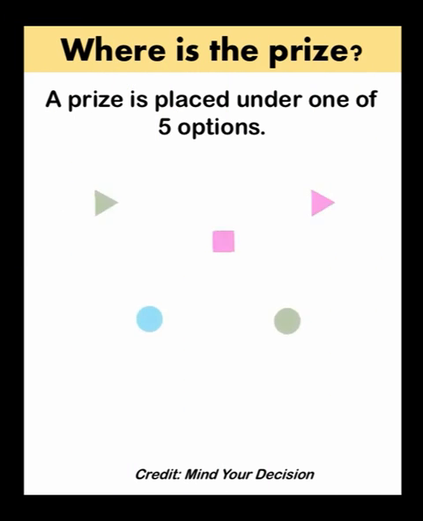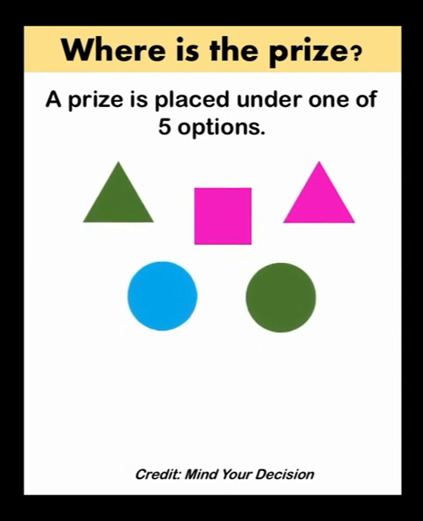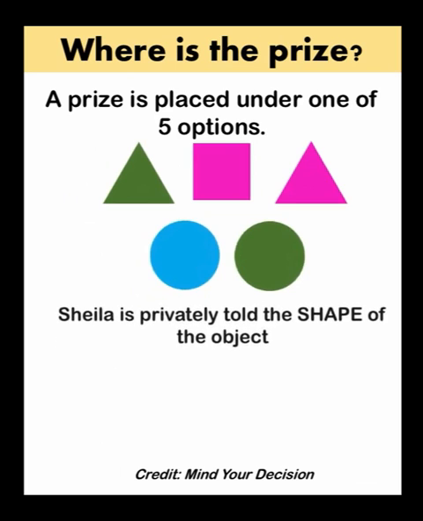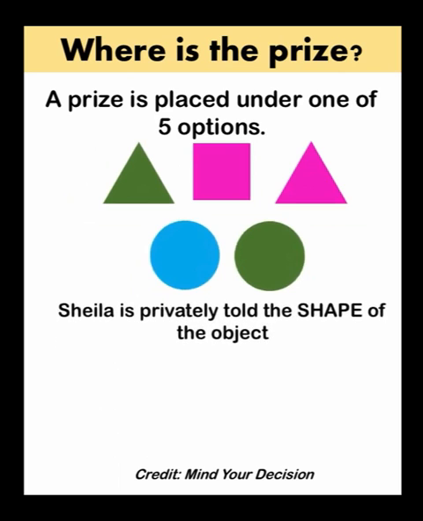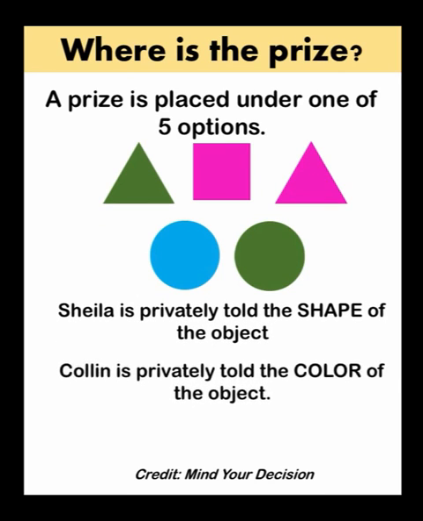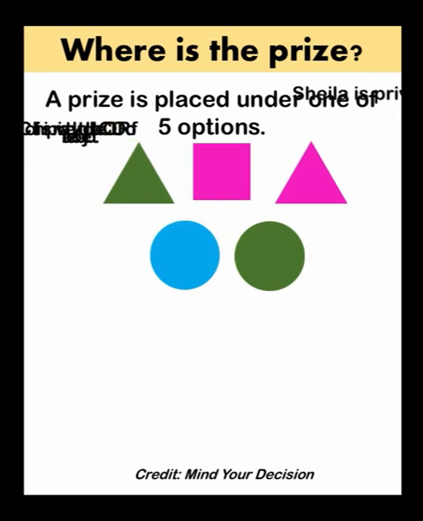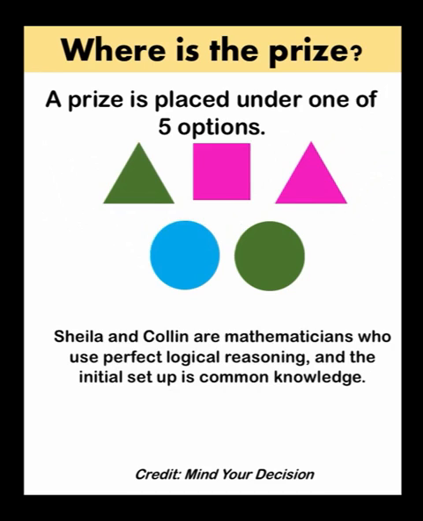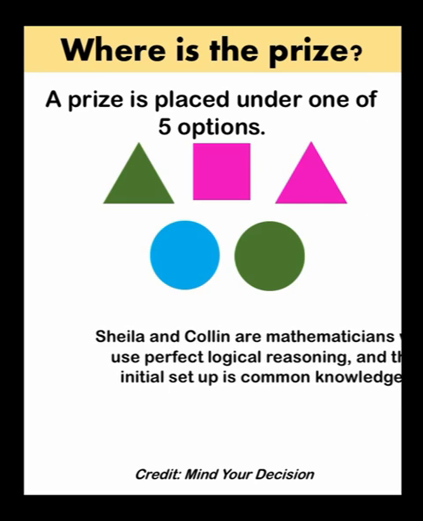A prize is placed under one of the 5 options. Sheila is privately told the shape of the object, and Colin is privately told the color of the object. Both Sheila and Colin are mathematicians who use perfect logical reasoning, and the initial setup is common knowledge.